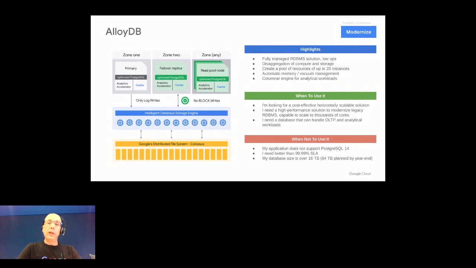Now, for those who are familiar with Postgres, you would know that managing memory allocation, as well as vacuum management, can be a pain point, right? So memory management in Postgres is tricky because if you allocate too much memory to the system, as opposed to more memory to buffer cache, you might be wasting resources, right?